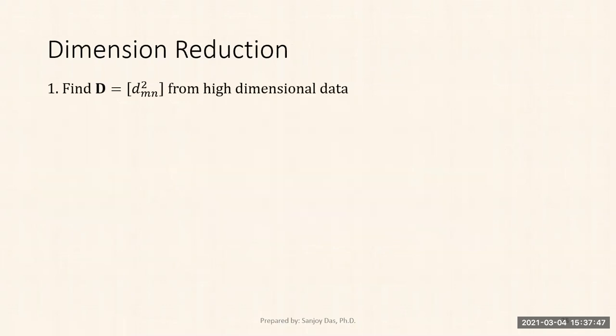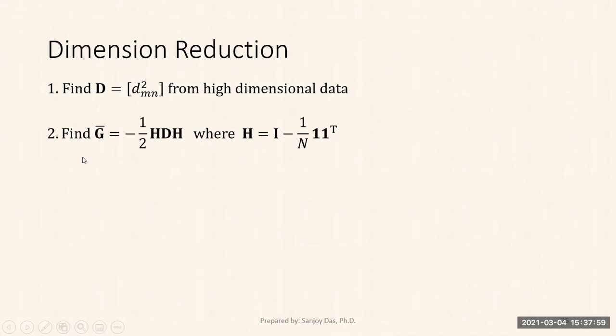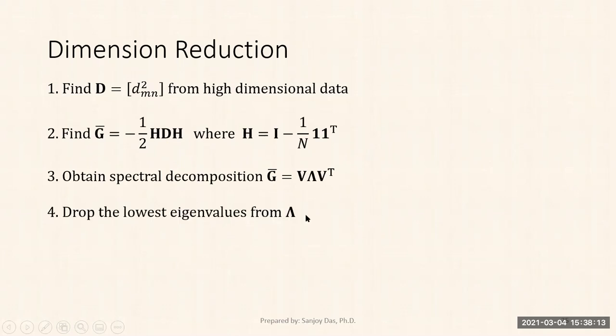So for dimension reduction, we get the high dimensional data, the distances from them, and then we find G bar equals minus half HDH, where H is given by this. Then we do the spectral decomposition of G bar, drop the lowest eigenvalues, and then compute X bar equals V times lambda to the half.